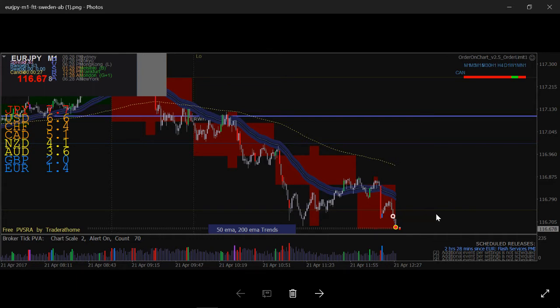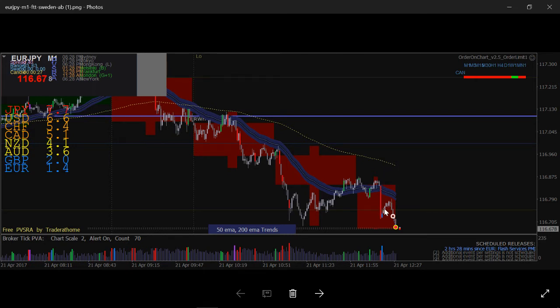You see a huge candle, and it has to be big enough in order to break this key level. So you have a red candle, which is big, and it broke this key level.